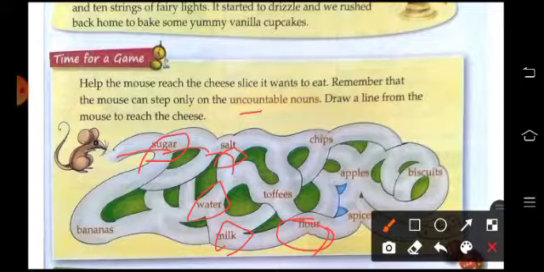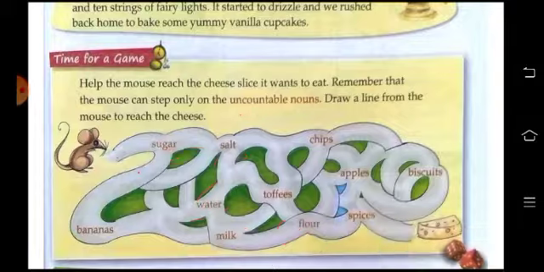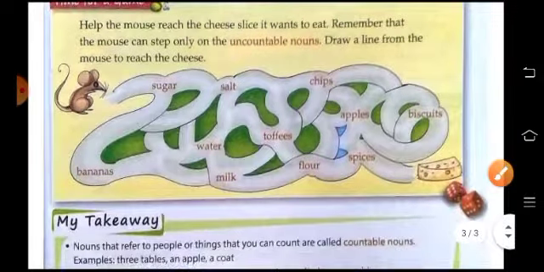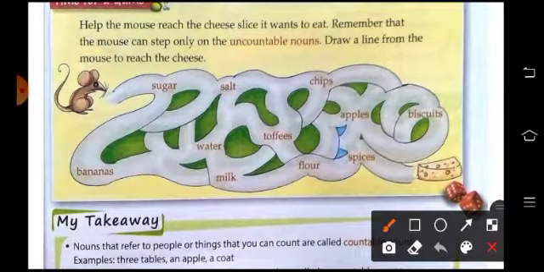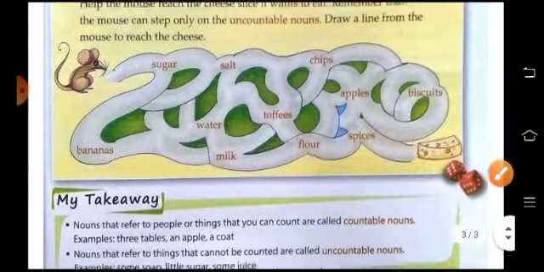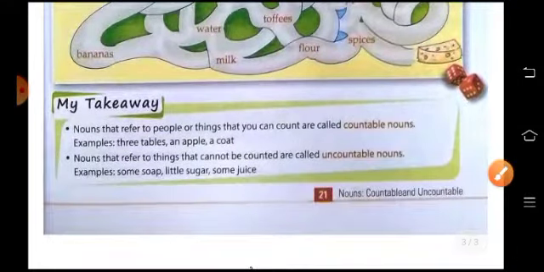So where is the cheese slice? Here. So you can use this path. Very interesting. So let's conclude this.